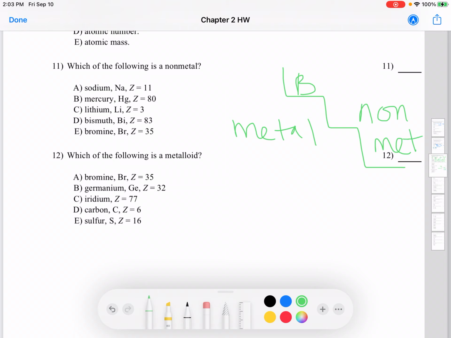Non-metals, right? Starting boron is right there, and then you have aluminum right below boron. Then you have silicon right there, and then germanium like that.